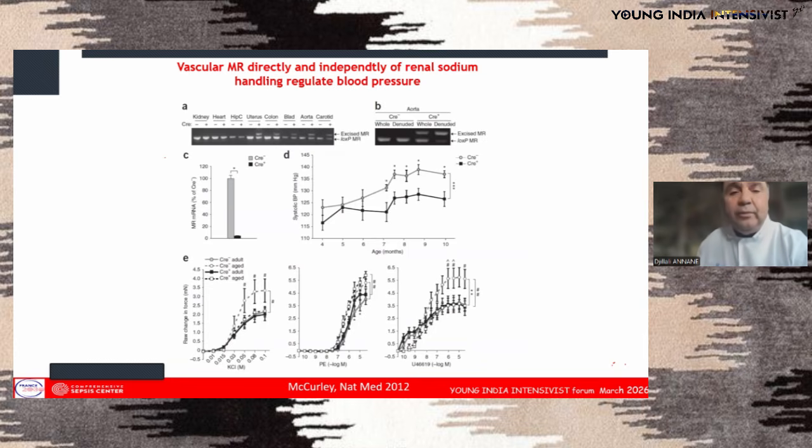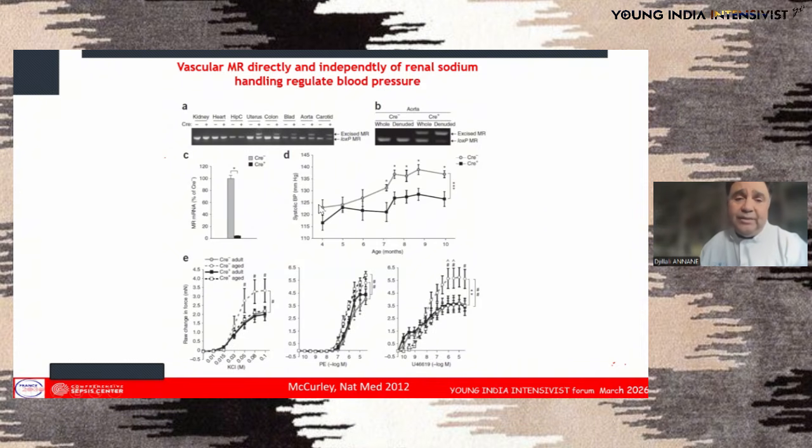It is very interesting to think about the role of the mineralocorticoid receptor in the setting of sepsis and acute inflammation. This is a very beautiful work done 10 years ago. They were looking at whether the mineralocorticoid activity and an effect on blood pressure is only related to renal sodium reabsorption. So they built an animal model that expressed the mineralocorticoid receptor everywhere except in the kidney. So you remove any sodium retention triggered by mineralocorticoid, because there is no more expression of the MR at that level.